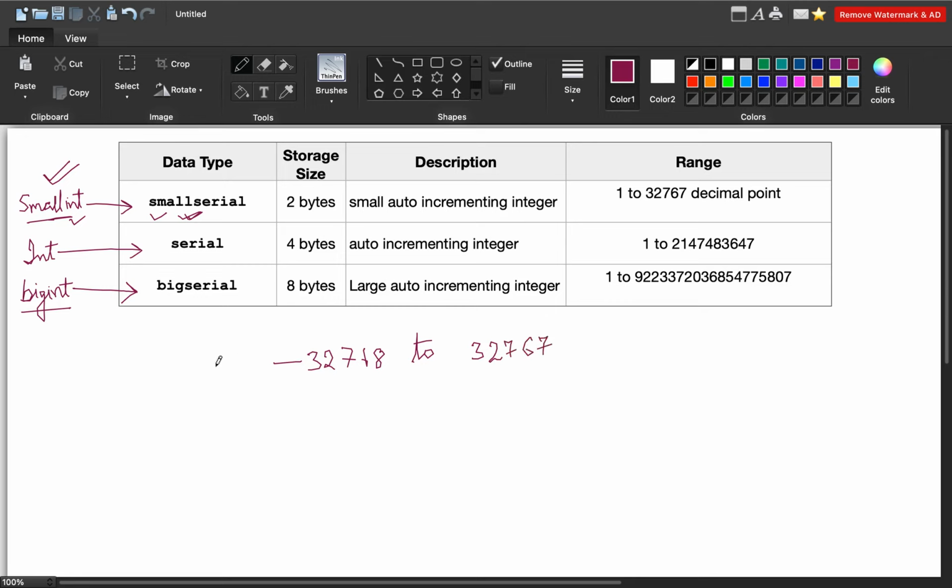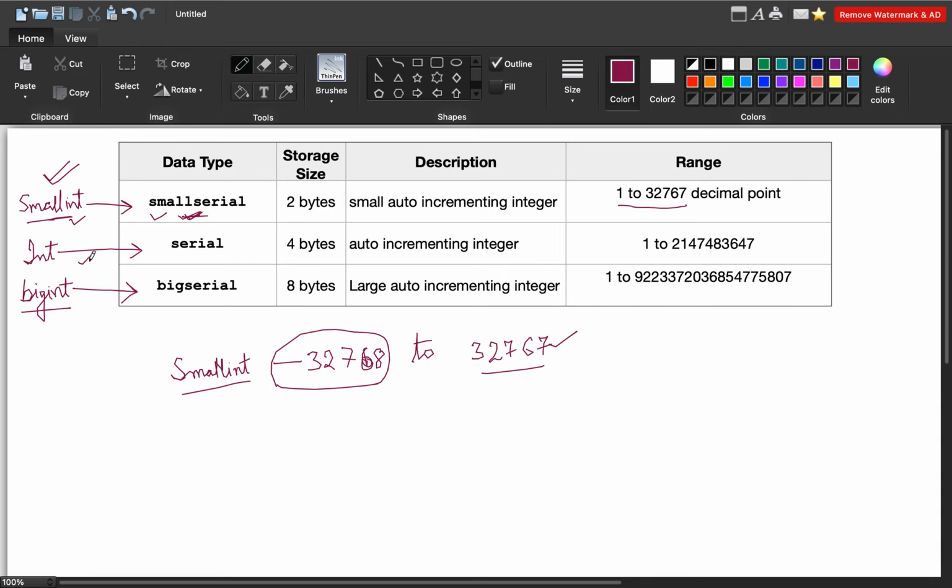This is small int, sorry about my handwriting. So it accepts negative numbers also, from minus 32,768, whereas small serial will have only values from 1 to 32,767, the same upper range.